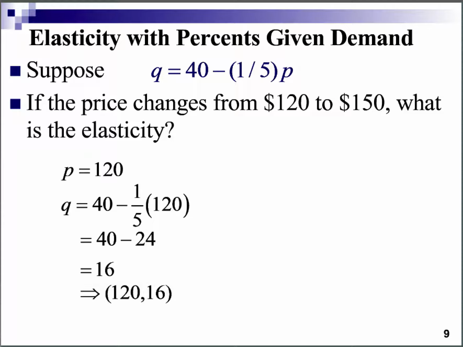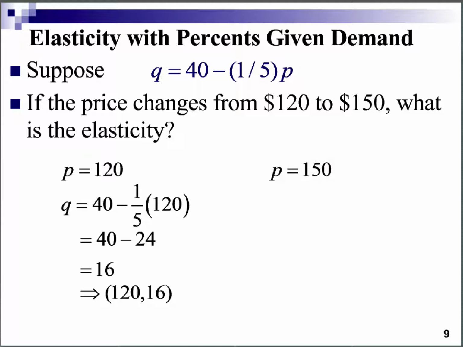And we're going to plot this as a point on the demand graph. So our first coordinate is P, our second coordinate is Q, and we're taking that from the equation. Q is a function of, or depends on, P, so we're thinking here of P as the independent variable. So we have a point, 120, 16.